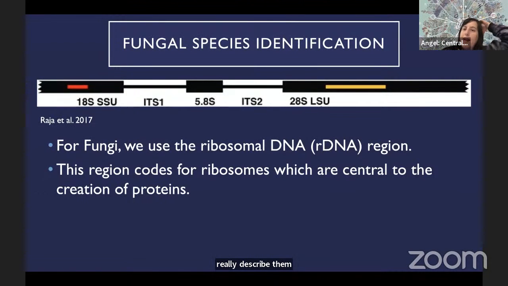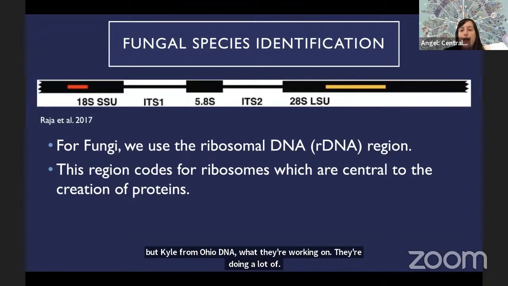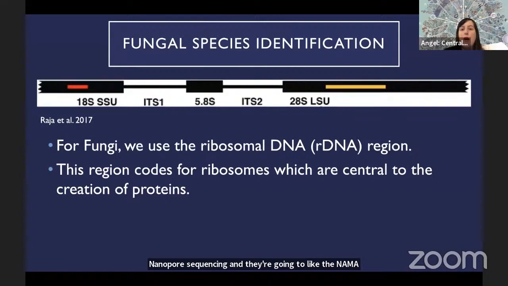Yeah, and I can add to that too, just following what Stephen Russell from the Hoosier Mycological Society and Kyle from Ohio DNA are working on. They're doing a lot of nanopore sequencing, and they're going to the NAMA forays and a lot of these big forays throughout the country.